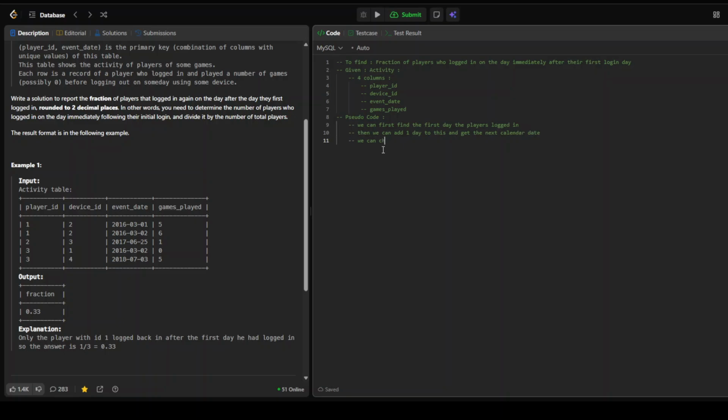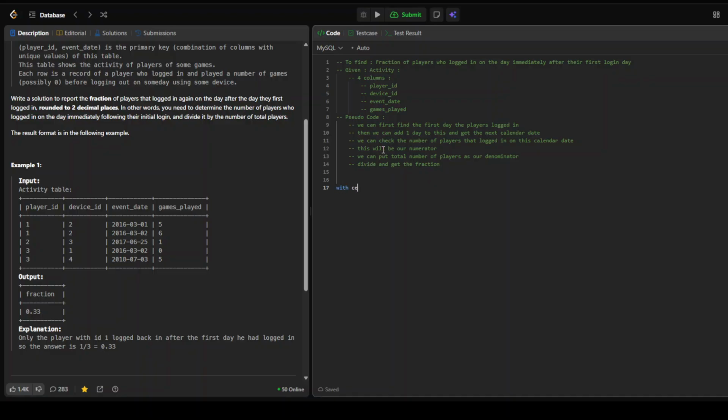We can check the number of players that logged in on this calendar date. This will be our numerator. We can put the total number of players as our denominator, divide, and get the fraction.